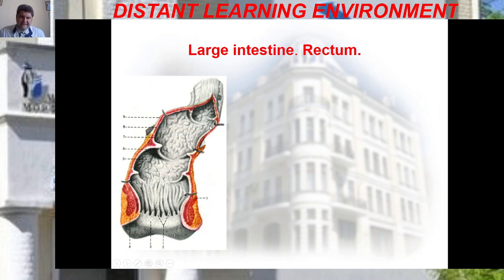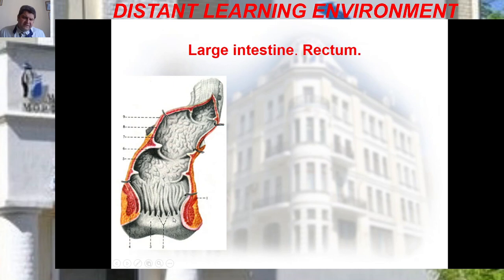Also you can see the transverse folds, and on the anal canal you may see the longitudinal folds, which are called columns, and you may see in detail that the mucous tunic passes to skin.